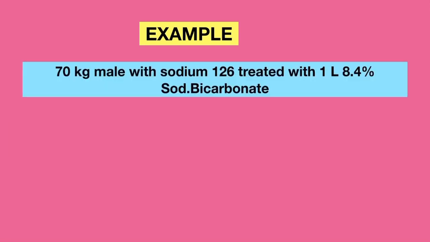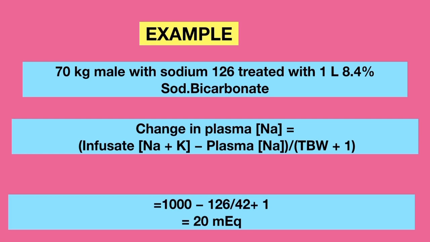If we consider the patient treated with 1 liter of 8.4% sodium bicarbonate, the change in plasma sodium concentration equals 1000 minus 126 divided by 42 plus 1. That is equal to 20 milliequivalents. So in the same patient with the same plasma concentration, we treated with a different fluid, and we can see the difference in plasma sodium change according to each fluid type.